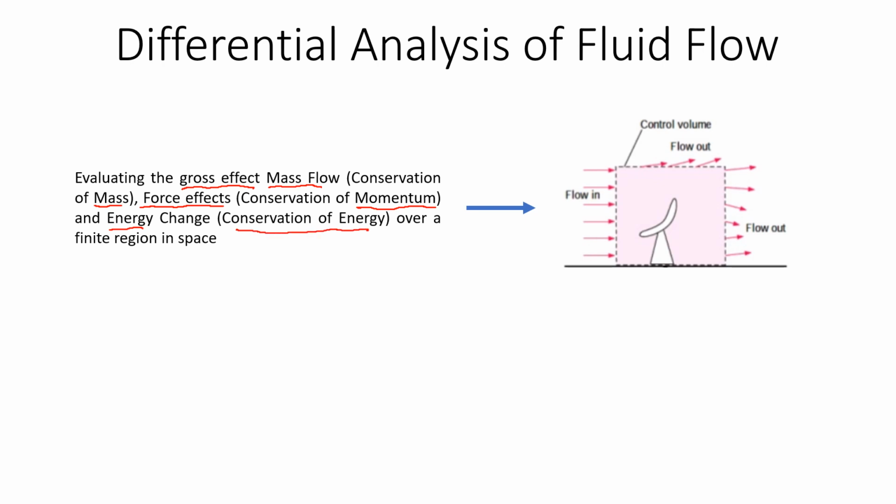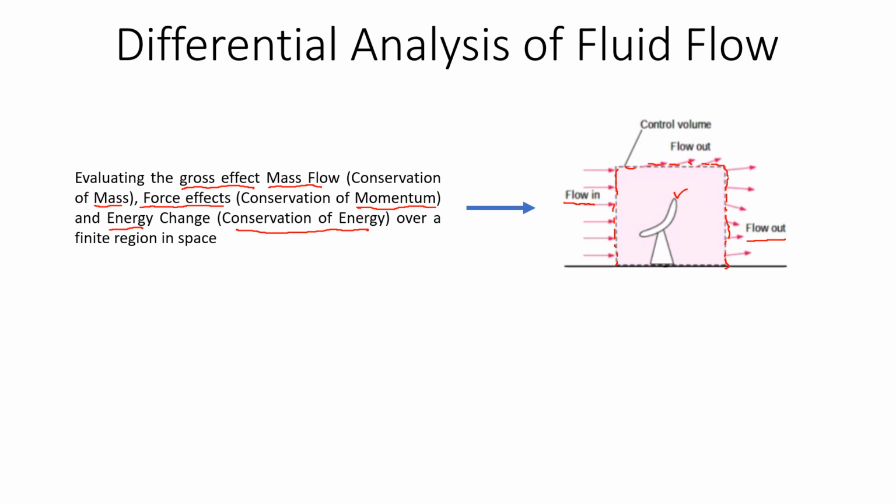And what we did in the previous chapter is that we took our object of interest and defined a control volume for that object, and then we analyzed the flow that was going into that control volume and the flow that was going out of that control volume, and derived an equation, which was our Reynolds transport theorem.